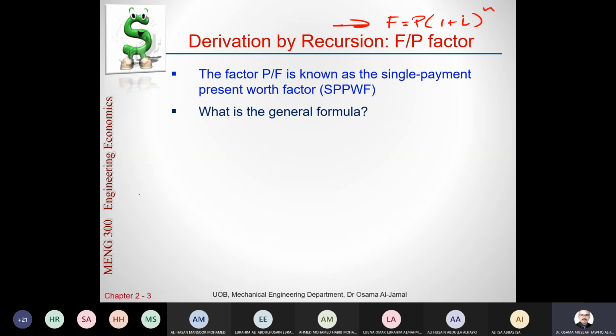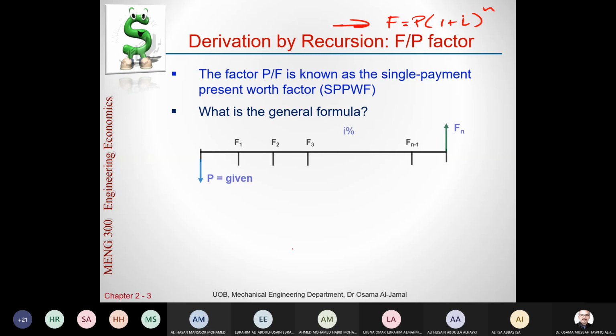What is the general formula now? How to get to that formula, which is F equal to P (1 plus I) to the power N. If you want to solve for this, to find the F, that Fn after n periods, is n minus 1, this period 3, period 2, period 1.